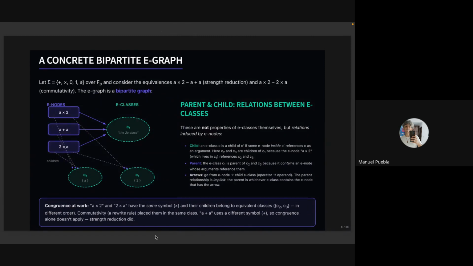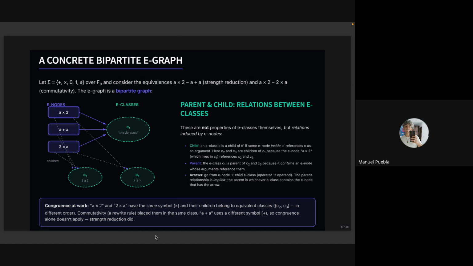Just for a short example, suppose that we start with 3 nodes: a times 2, a plus a, and 2 times a. Those nodes all belong to the class of 2a. That's the class C1. But also we have the class of a and the class of 2.